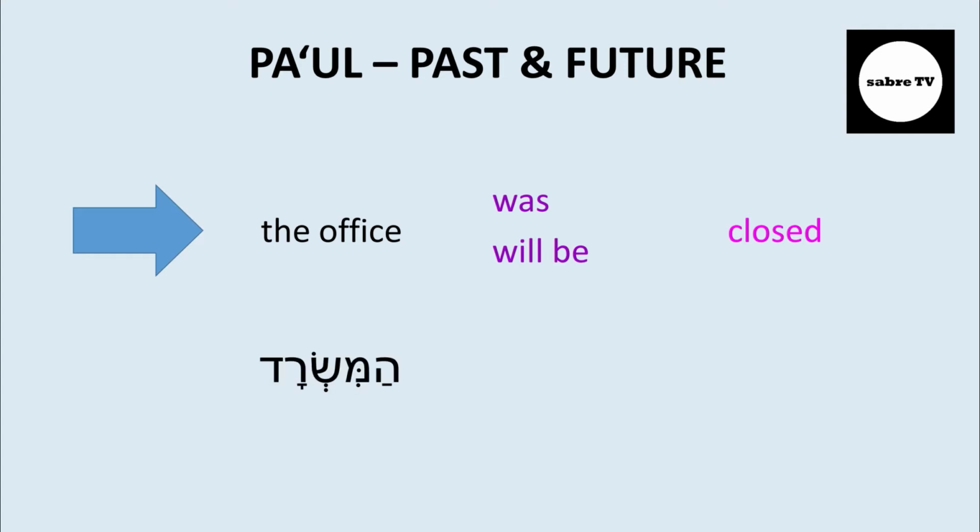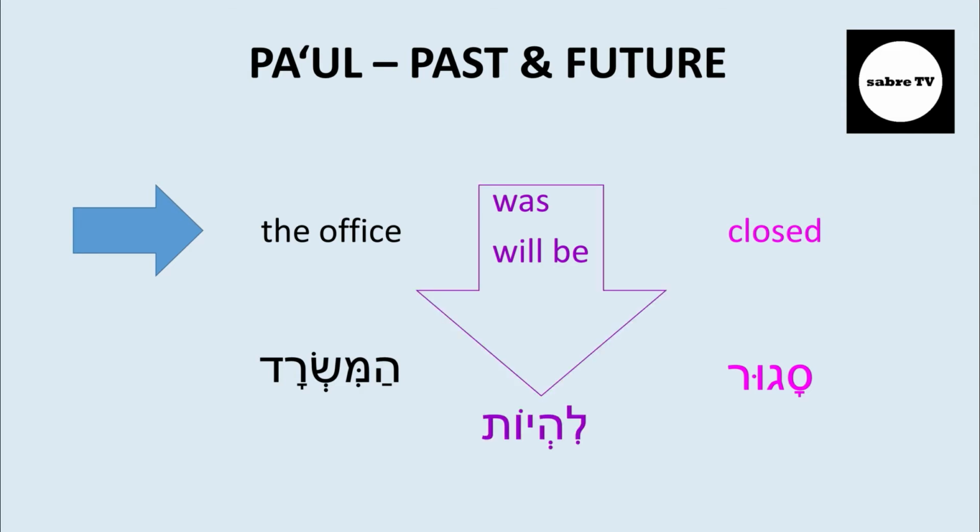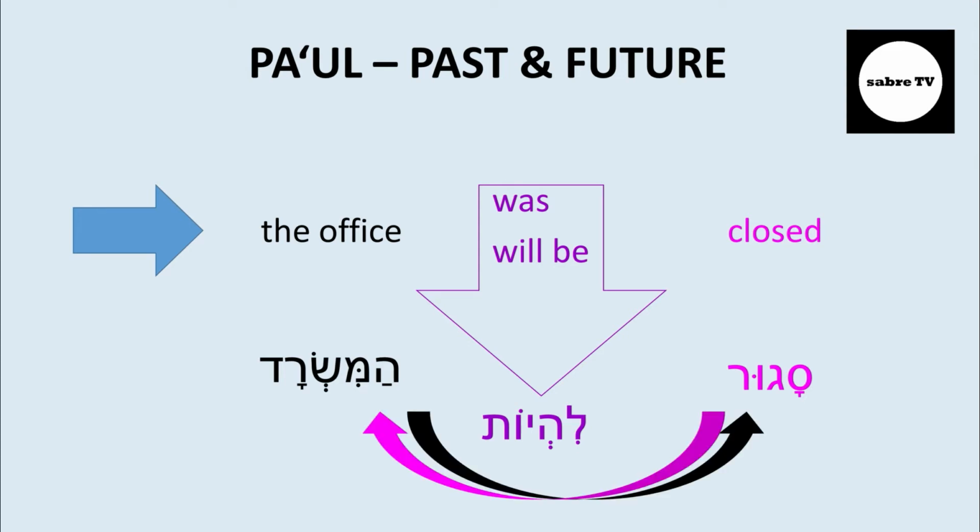So the office is המשרד and closed is סגור. What is left is was and will be, which goes here in the middle. And for this we need להיות, to be. And once we have done that, of course, we change the syntax. We don't read from left to right, we read from right to left. So we change the order of the words and then we are done.